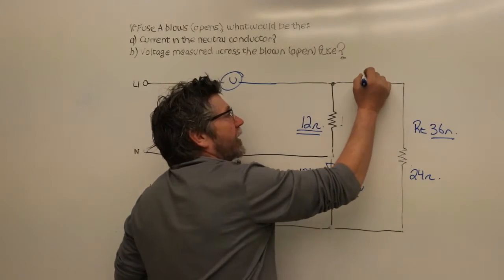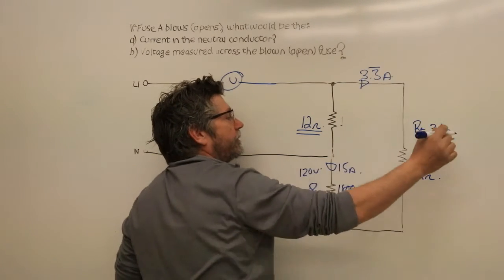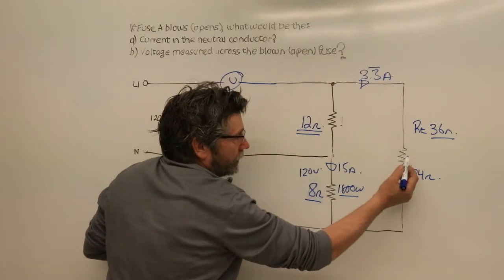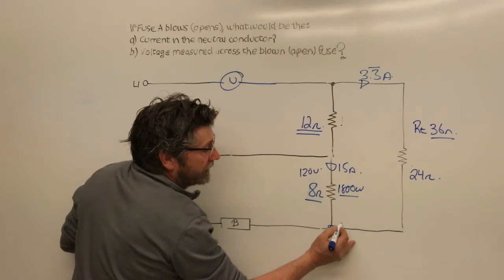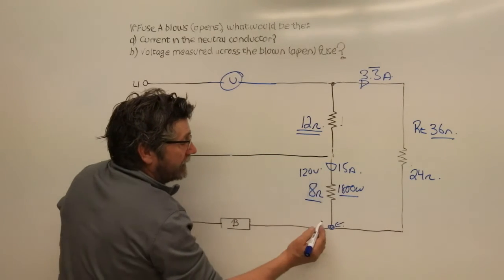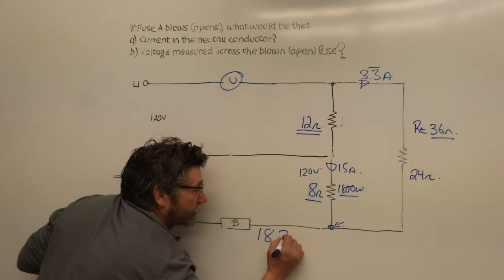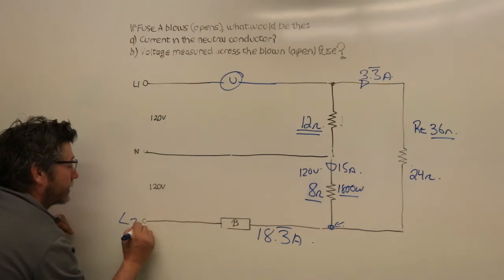Current flows here at a rate of 3.3 repeating amps. 3.3 goes down through here, you get a voltage drop there, you come into this node. 3.3 comes into that node, plus 15 right there, so this comes to 18.3 repeating amps on line 2.